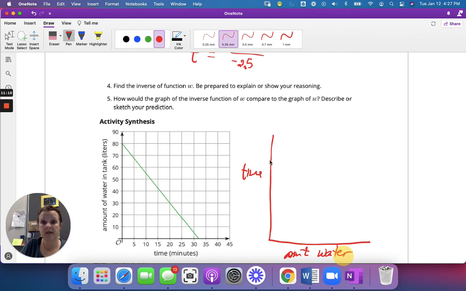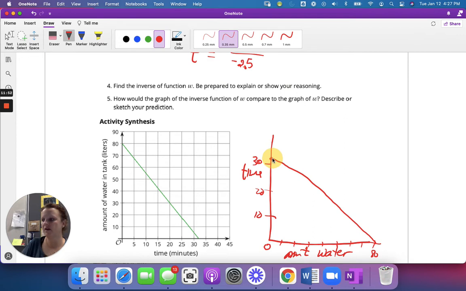So we know the tank was empty at 32, so 10, 20, 30, 32. Zero, 10, 20, 30, 40, 50, 60, 70, 80. So at 0 water, it's 32 minutes. And then at 80 liters of water, it would be 0 minutes.